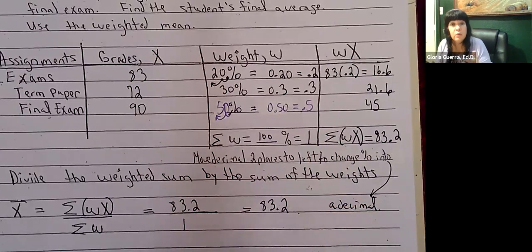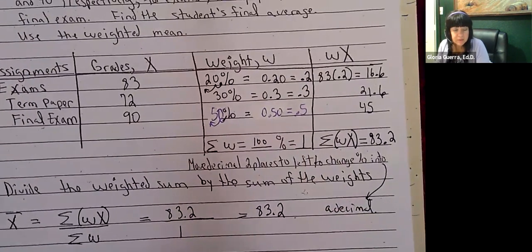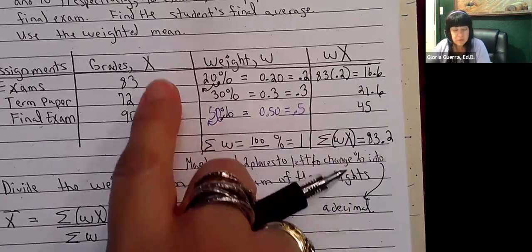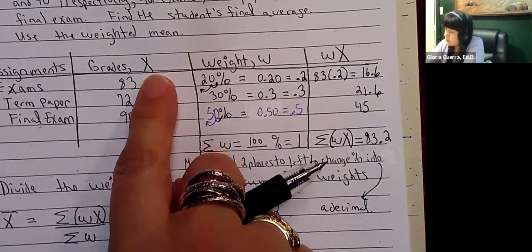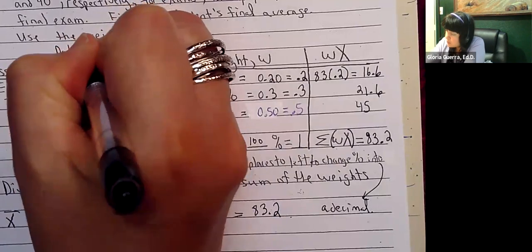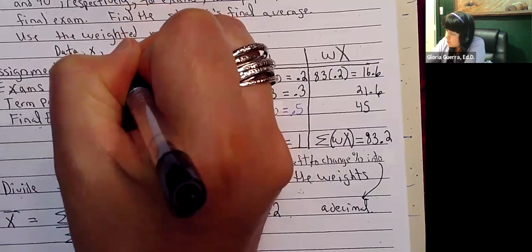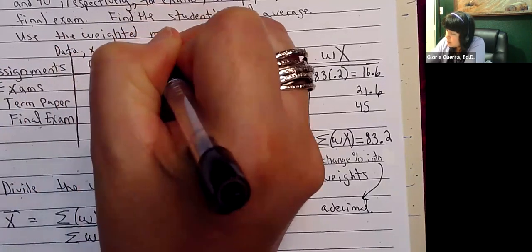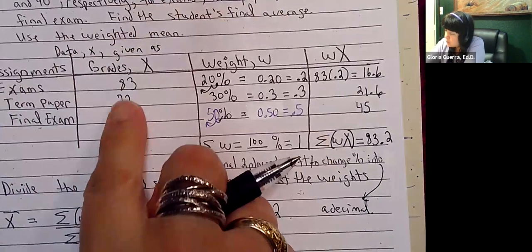Okay, now the thing about the rounding, you're supposed to round one decimal place beyond how your data is given. So remember, X is considered our data. So our data, which is x, is given as, see, these are counting numbers.